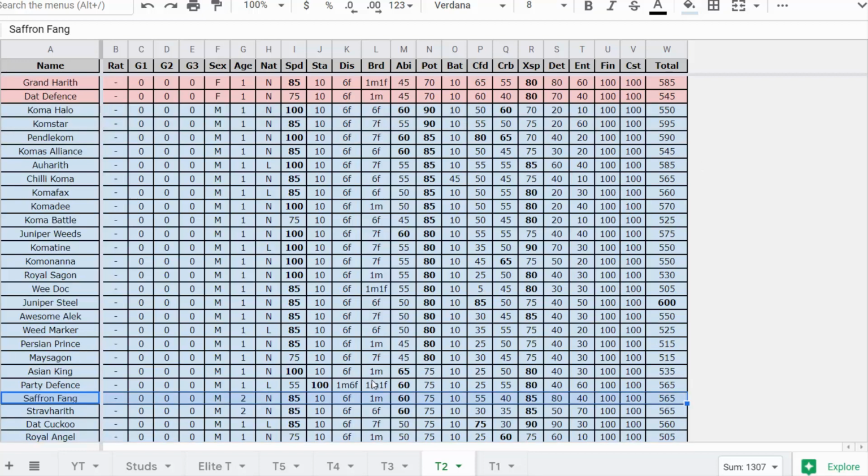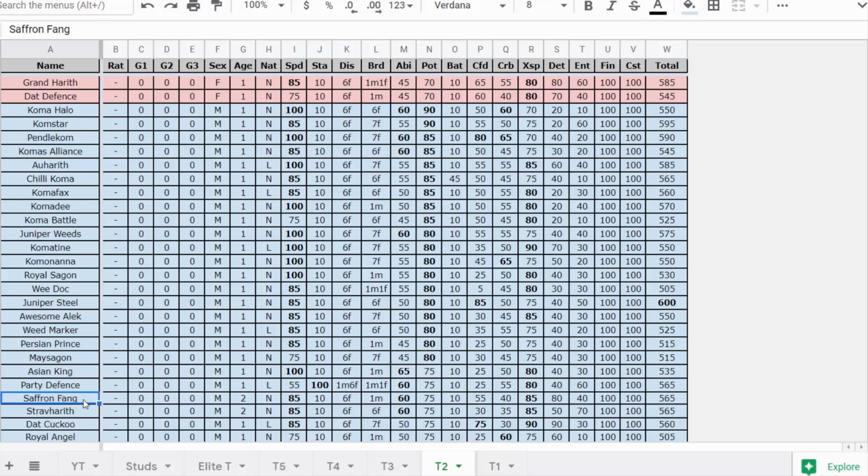And even just out of the male horses here, the colts that we've got, how many horses are above Saffron Fang? How many are better all the way along than Saffron Fang? And yet that's the one that's won.